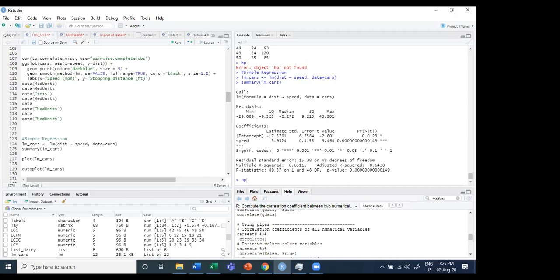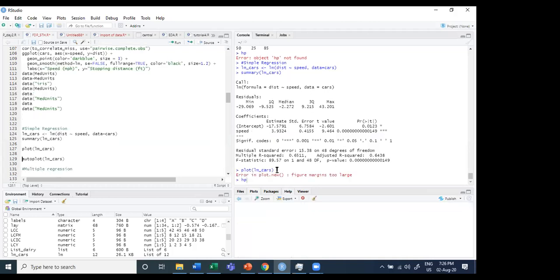Residuals are minimum minus 29.0, first quartile minus 9.5, median minus 2.2, third quartile 9.2, and maximum 43. Coefficients: this is the constant in front of you, and this is the standard error. This is the t value. This is the p value, and this is the speed. So y is equal to x expression is already shown to you.